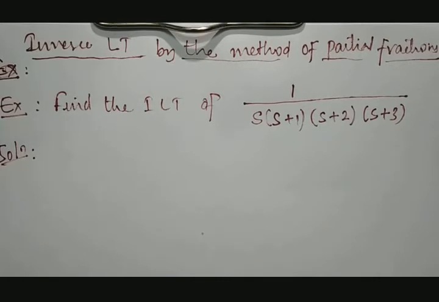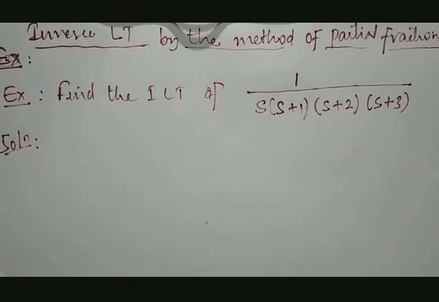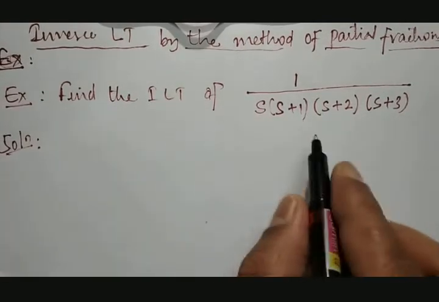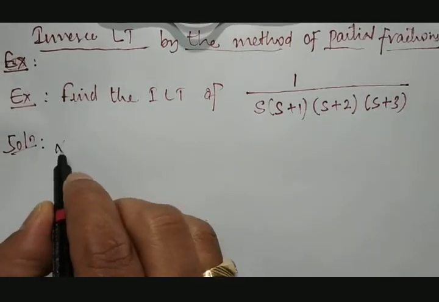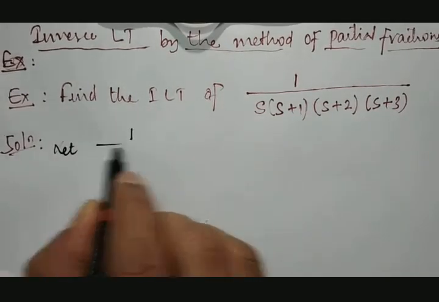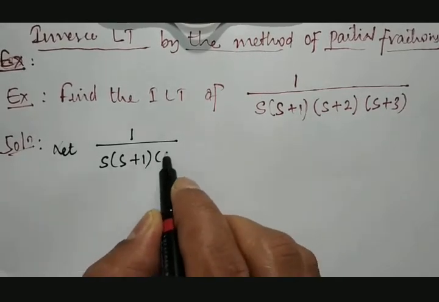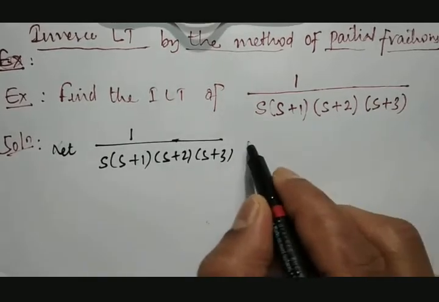So what to do now? Very first, instead of applying inverse Laplace transform on this directly, what we do? We solve this denominator by partial fraction method. How? Let us see. 1 divided by s into (s plus 1) into (s plus 2) into (s plus 3), which is given. How do you write this?